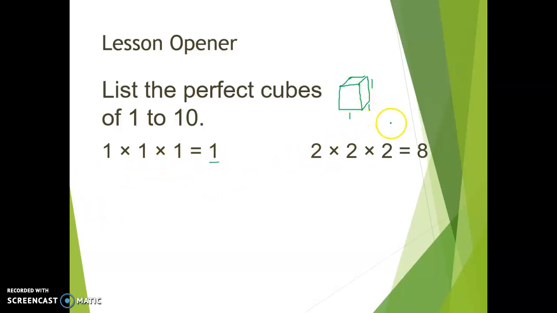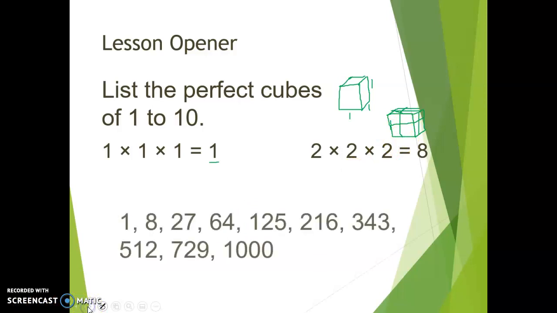If we were to make this 2 by 2 by 2, let's try a picture of a 2 by 2 by 2 cube here. You can see that a perfect cube, in this case 2 by 2 by 2, would be 8. And if we were to somehow take this cube apart, you would see that there are 8 smaller cubes making up this 2 by 2 by 2 cube.